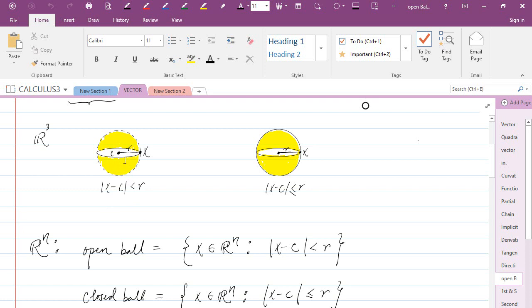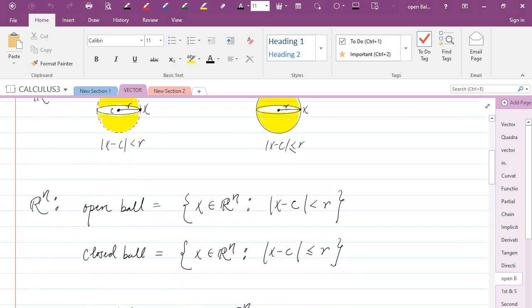So you're looking at all the points x where the distance from x to the center is strictly less than r. So again, this is describing all the points inside the sphere, and this set does not include the points on the surface of the sphere. And the closed ball means it's a solid sphere with the boundary included.